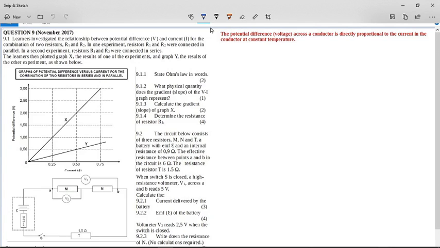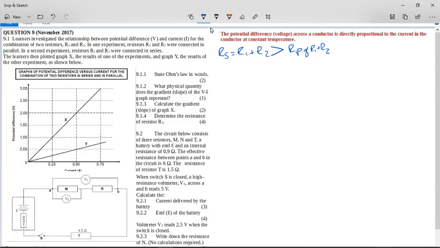Okay, so before we go any further, let's just discuss R1 and R2. The resistance in series of R1 plus R2 is always going to be bigger than the resistance in parallel of R1 and R2, because remember that resistance in series, the resistance gets bigger because you add them together.